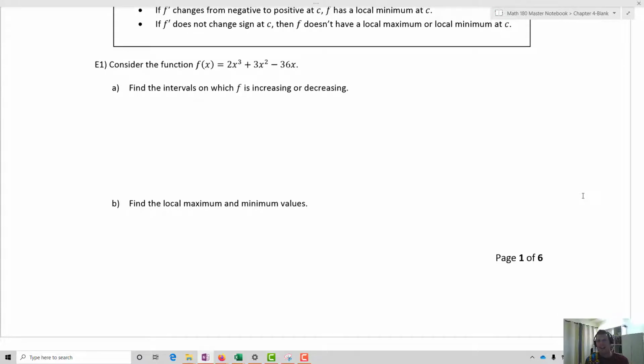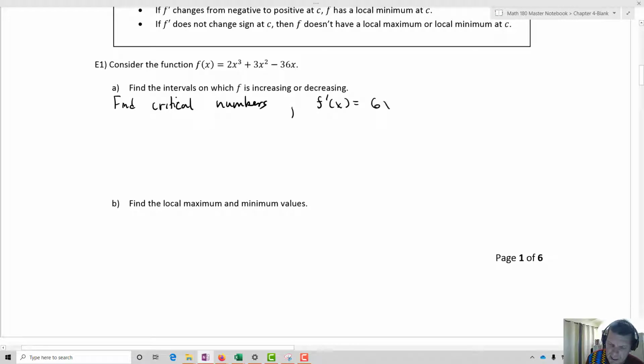Okay, so the first thing I want to do is find my critical values, or critical numbers. If you remember, that's where f prime of x is equal to 0. So we'll have f prime of x equal to 6x squared plus 6x minus 36, which is equal to 6 times x squared plus x minus 6.